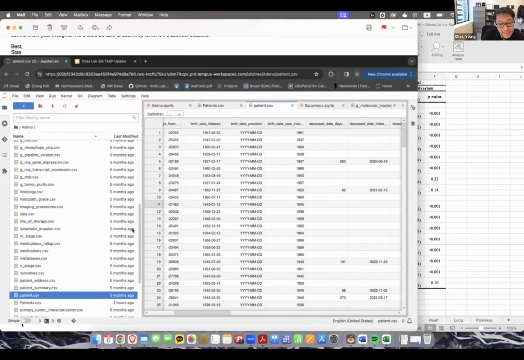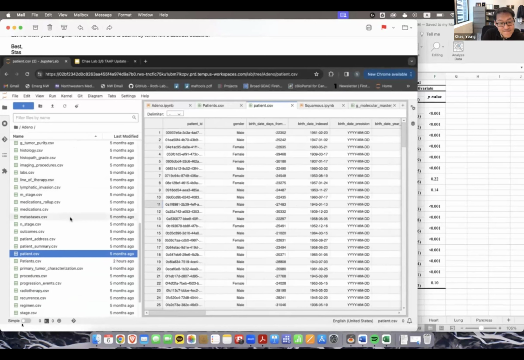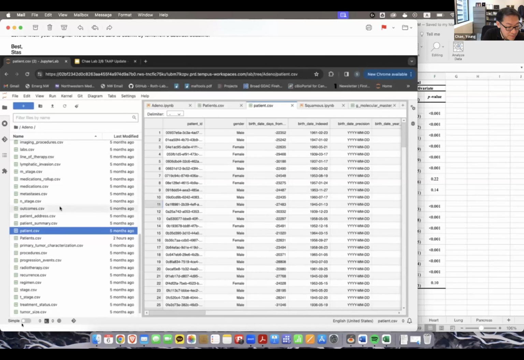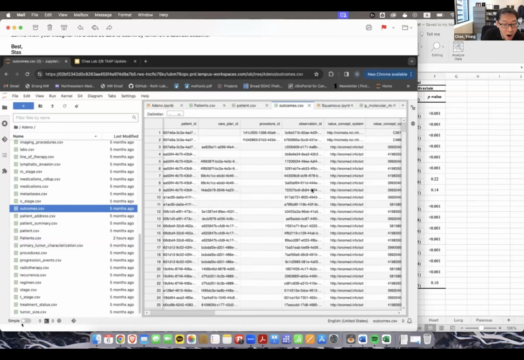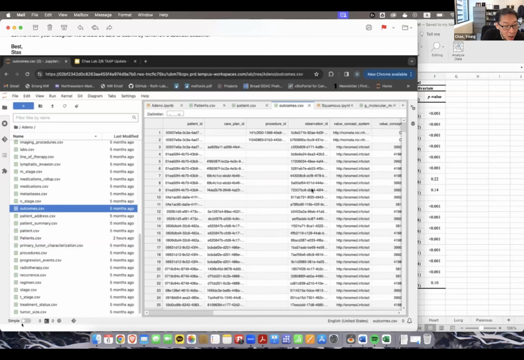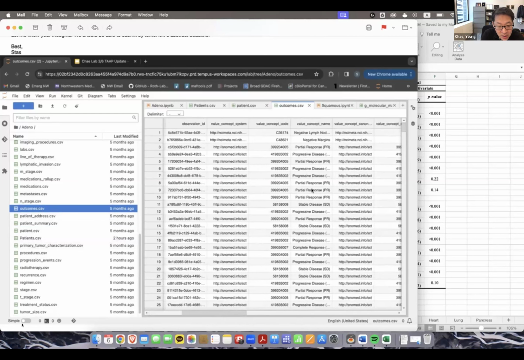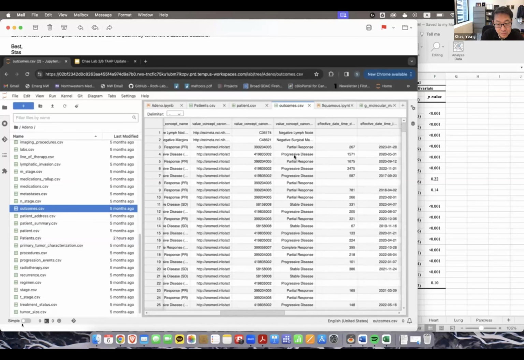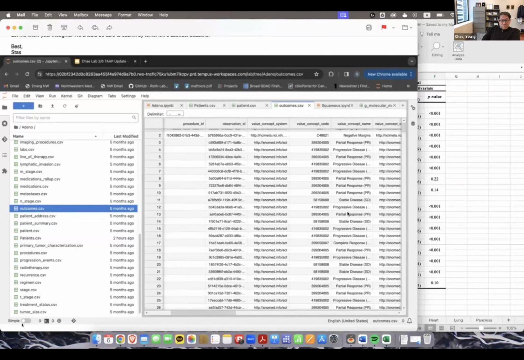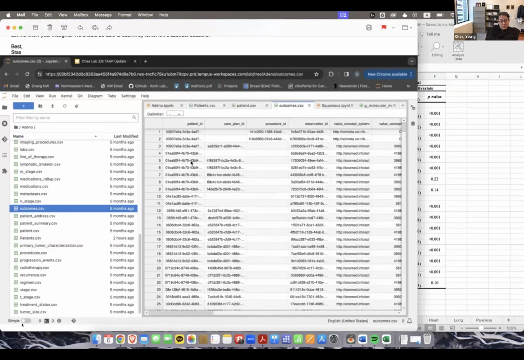Actually, there's more information. If you look at outcomes here, you'll see other pieces of information, for example response, lymph node state, stable disease, that sort of thing. Each one of these correlates to patient ID.